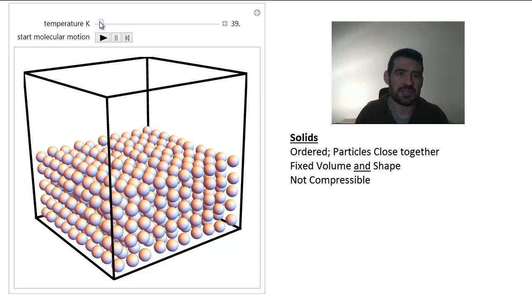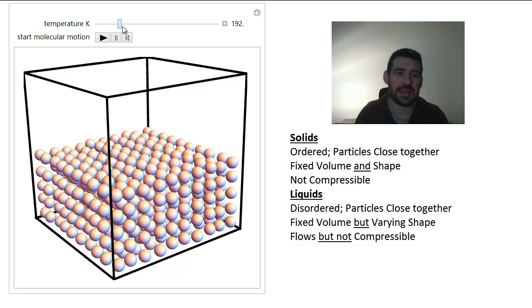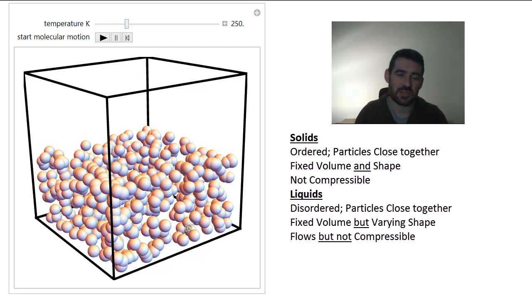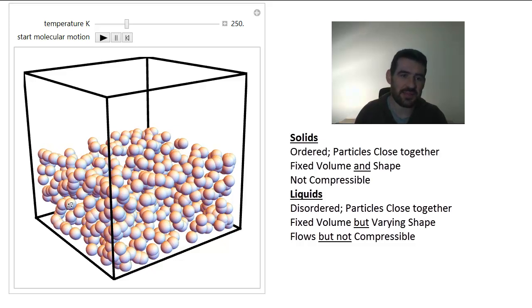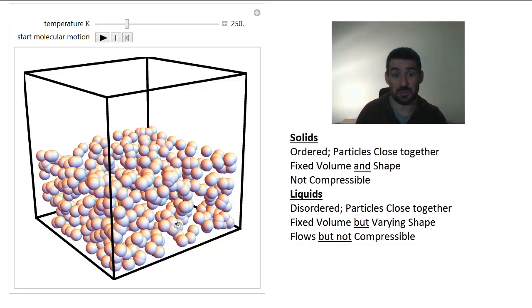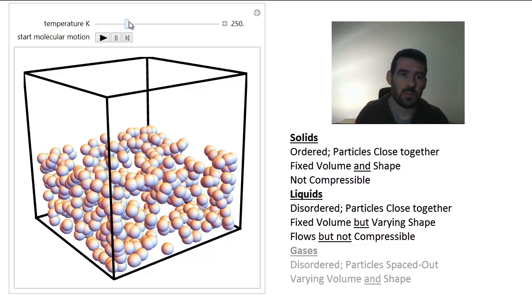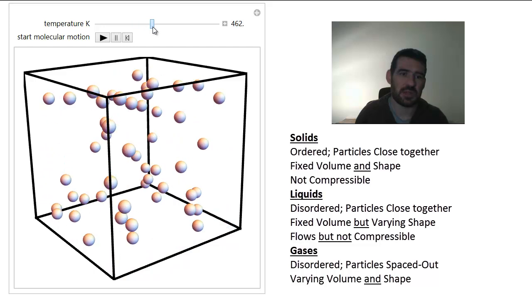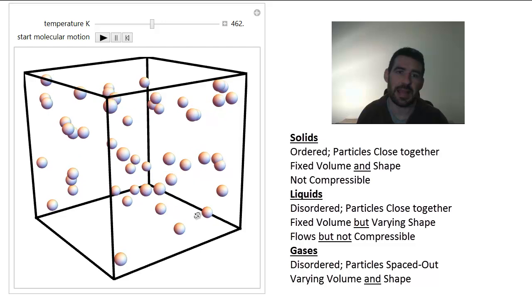As we increase the energy, we increase the temperature, they're then able to slip and slide over each other in the liquid phase. So the specific place for each of those particles is not set and they can move around. This is what allows us to pour a liquid. When we increase the temperature even further, the particles separate completely and take up the entire container, and that's the gas phase.